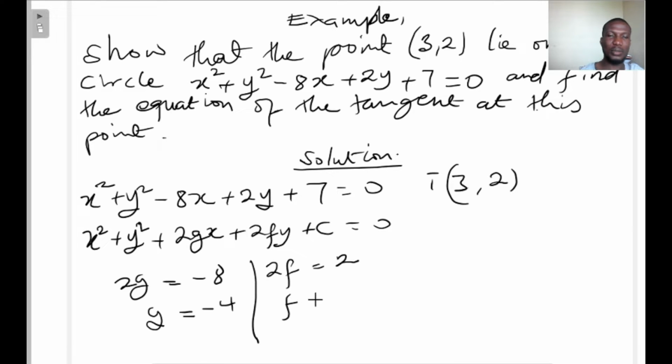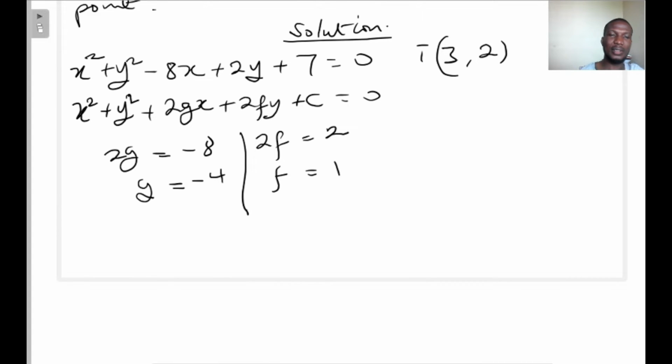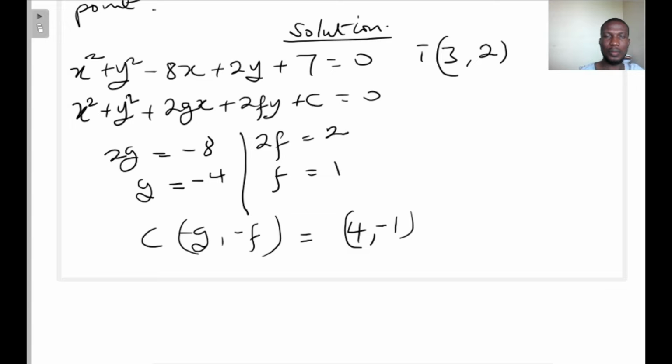Dividing both sides by 2, f will be equal to 1. And we know that the center of the circle is negative g, negative f, and that will give us 4, negative 1. And this is the center of our circle.